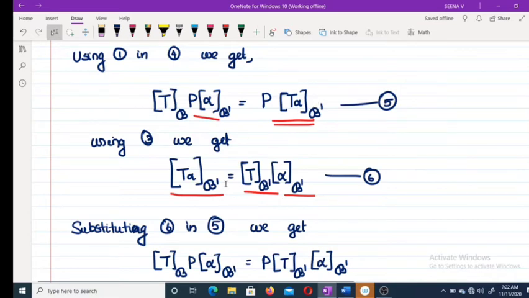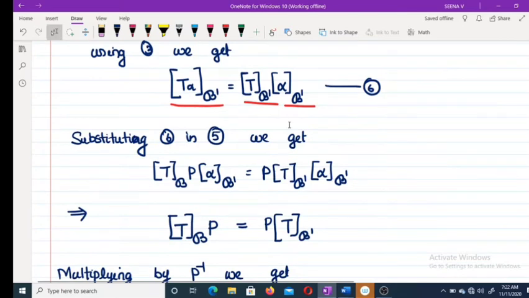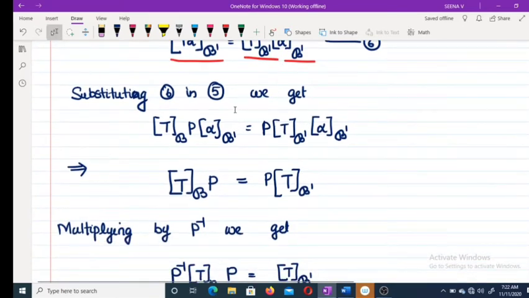T alpha related to B dash equal to matrix of T related to B dash into matrix of alpha related to B dash. Substitute in this here. If you look at this, you can cancel these terms. These two are the same, so you can cancel. Actually, you can multiply by the inverse of the coordinate matrix of alpha related to B dash. Then we get this one.